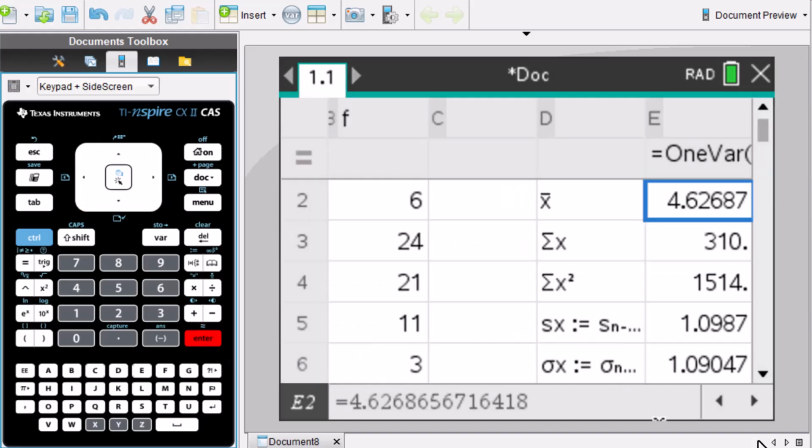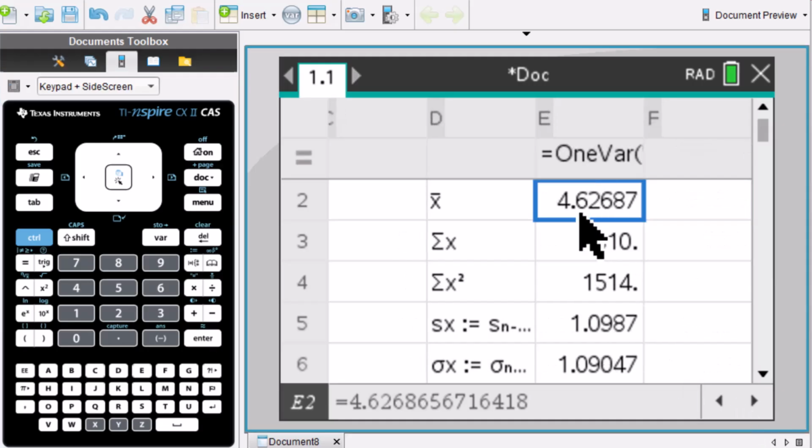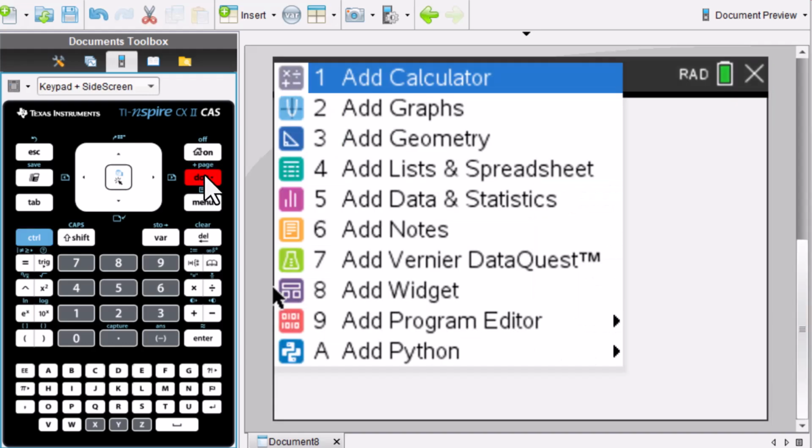Enter. x bar equals 4.63. Unbiased estimate of the population standard deviation equals 1.0987. Control doc.